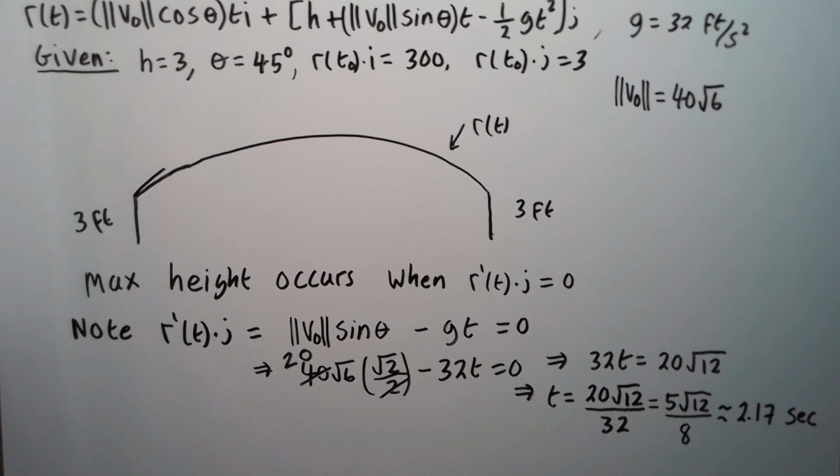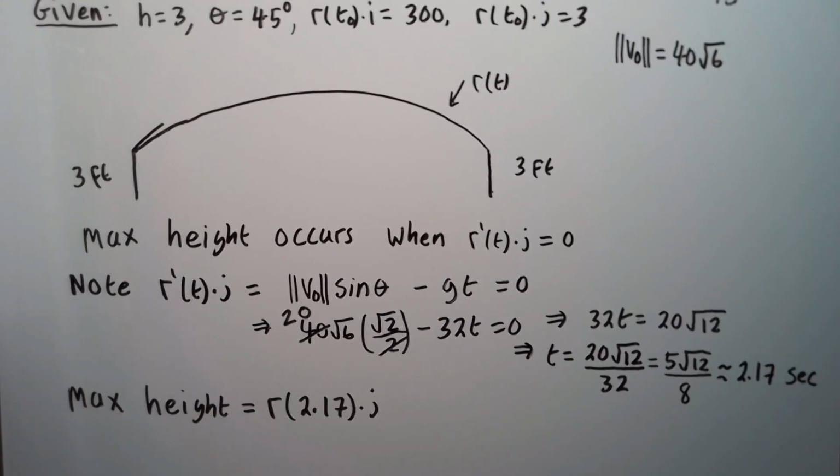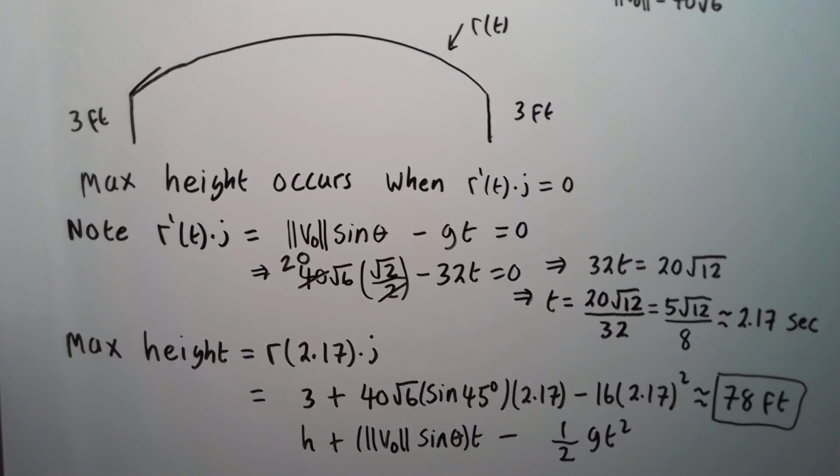Okay, so let's now find the max height. So the max height would be r of 2.17 in the j direction. So the j component at 2.17 seconds. So plugging into the j component, let's do that. Here's the j component down here.